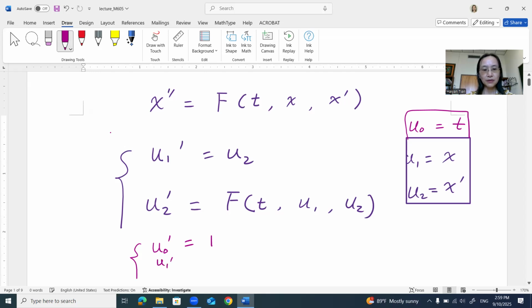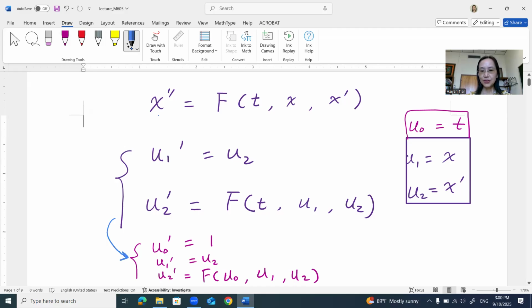So the u1 derivative is u2. u2's derivative is f, the expression that depends on t, which is u naught, u1, and u2. So now in this new system, the t disappeared. So it is autonomous.